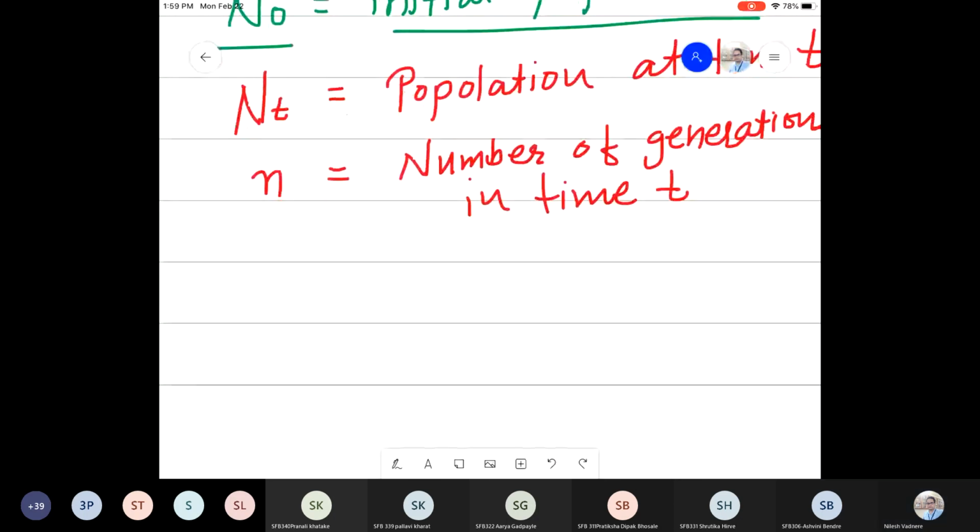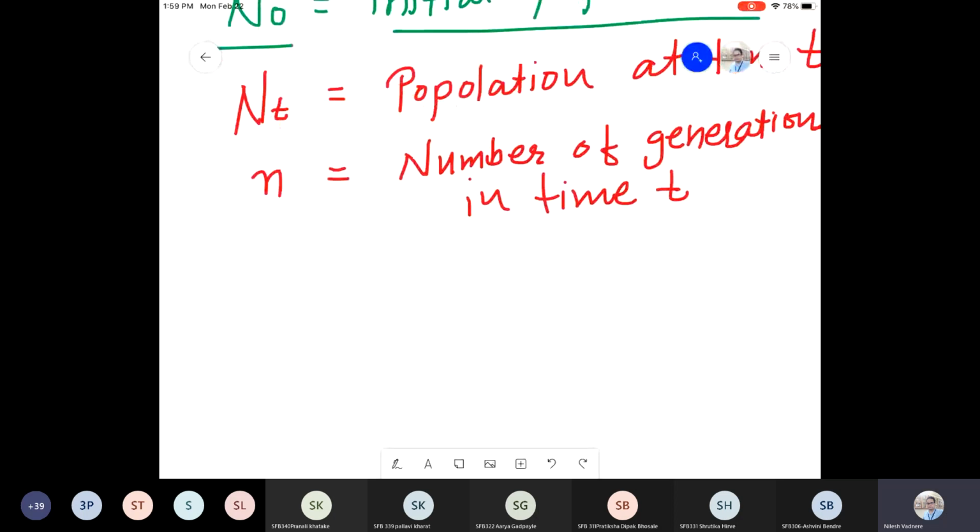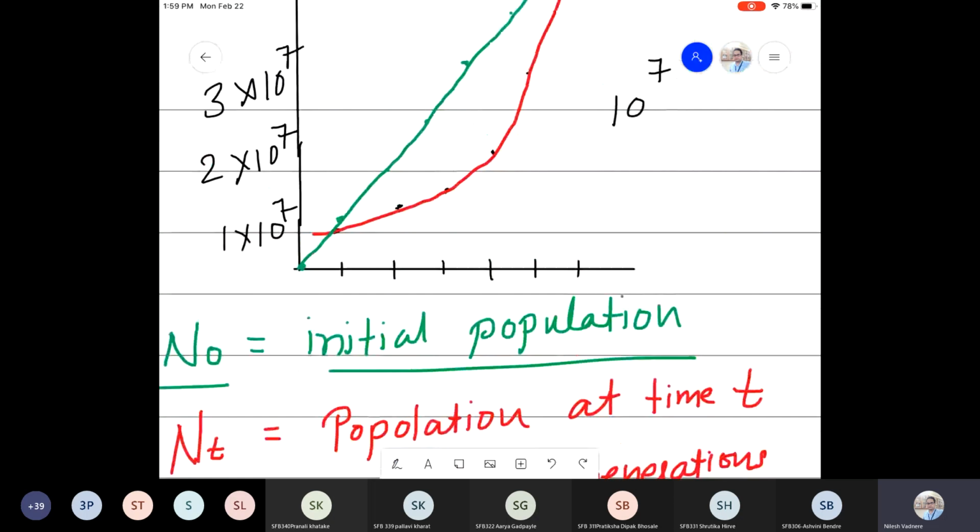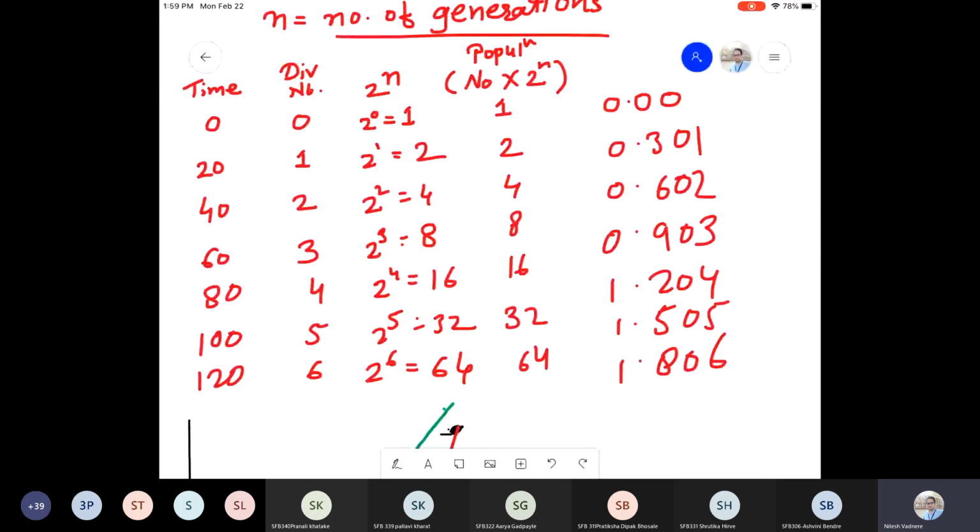Okay, so the formula for the population at time t, it is equal to Nt is equal to N0 into 2 raised to n. Nt is what? Total population. So ये जो total population है यहाँ पर, this is total population, and this total population is N0 into 2 raised to n.